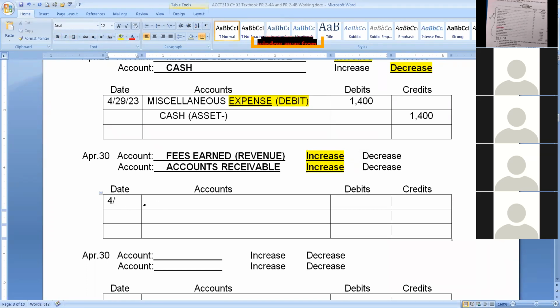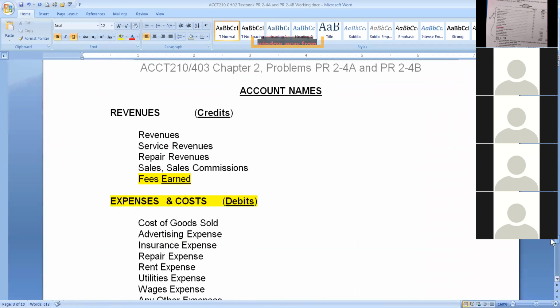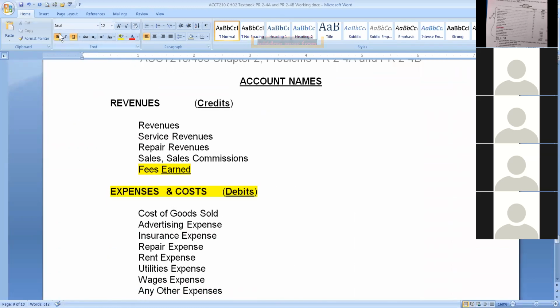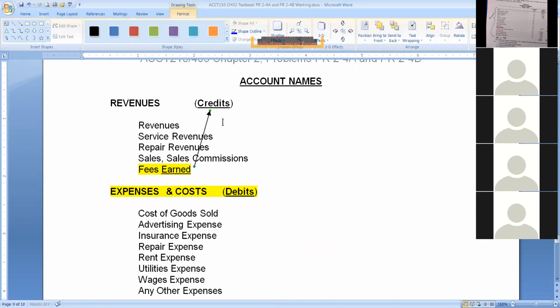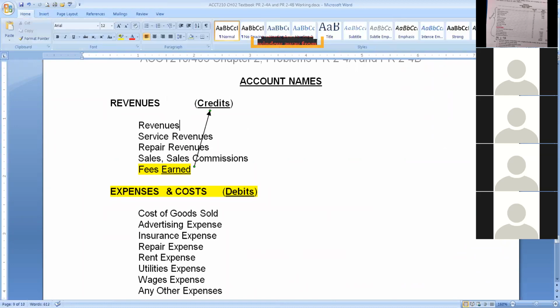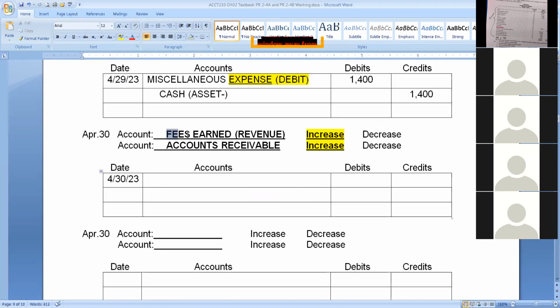Revenues are kind of like expenses. When you see a revenue, you say, oh, yay. Could you go back to that one more time? Yeah, give me a second here. So revenues are always credits, but yeah, I'm going to back up. So fees earned, it's a revenue account. Why they don't say revenue, I don't know.